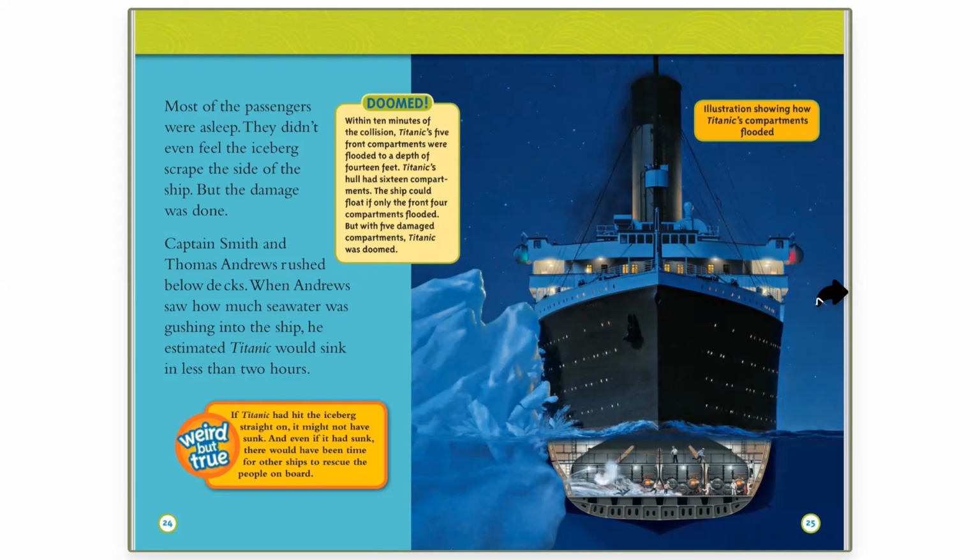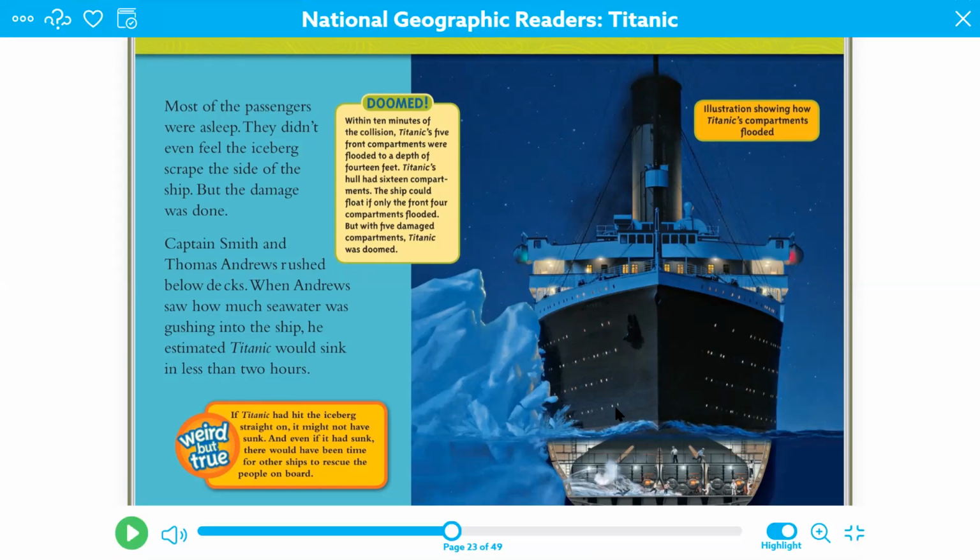So this, first of all, before I tell you why, I want you to turn to someone or talk to yourself: why do you think this picture is important? What information does this picture give you? So first of all, we can see, one, how big the Titanic is. We can see that this part of the boat is in the water, and we can also see, where did it hit?